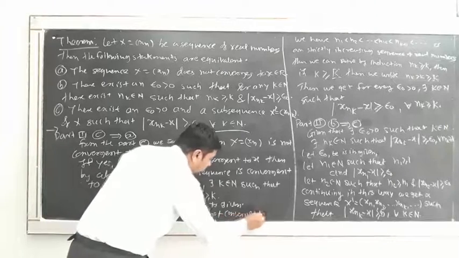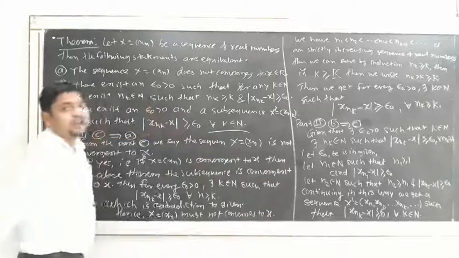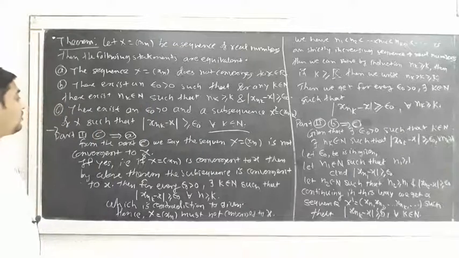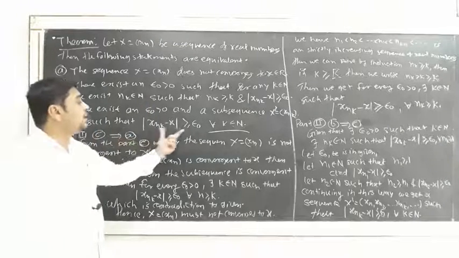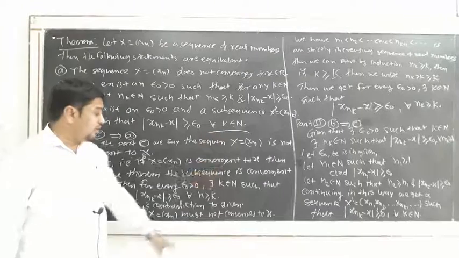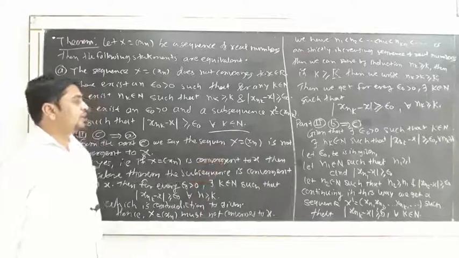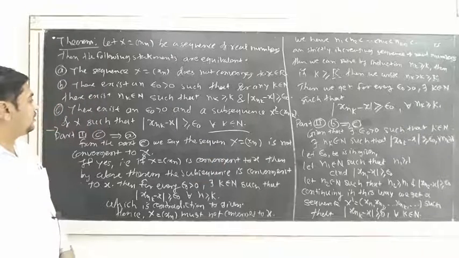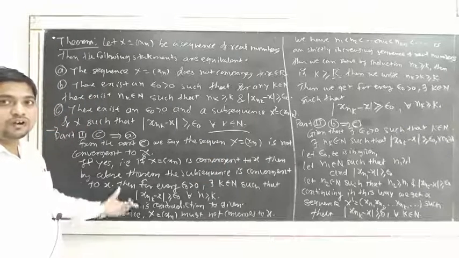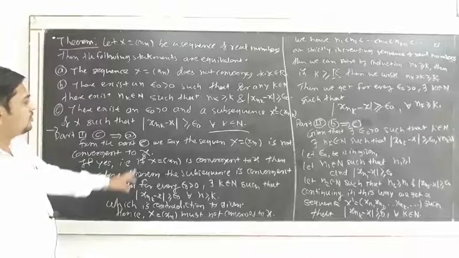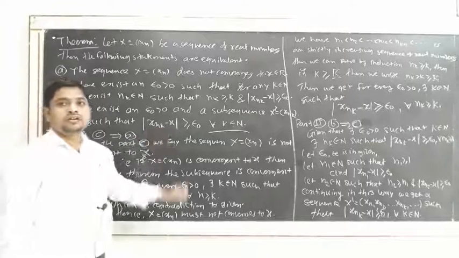It is not convergent. If it were convergent, then this inequality would hold for all n greater than or equal to k, but it holds for all k belonging to the natural numbers. There is not any condition.